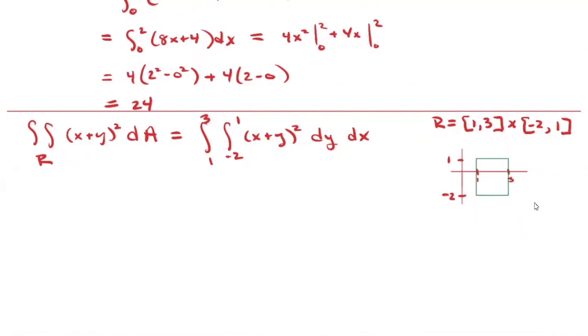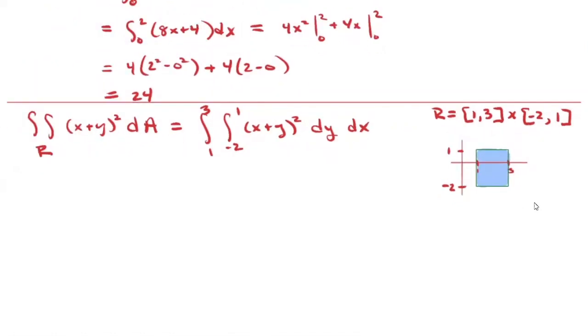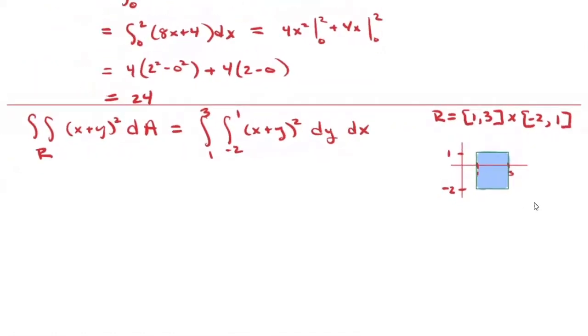So that's my rectangle, and you may as well see it. When you change variables by doing substitutions, the regions have to change with it. So this guy is called R.